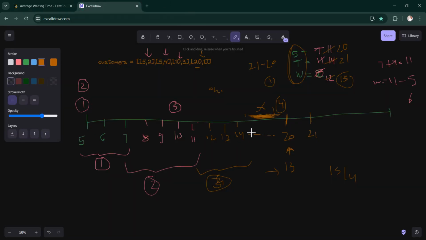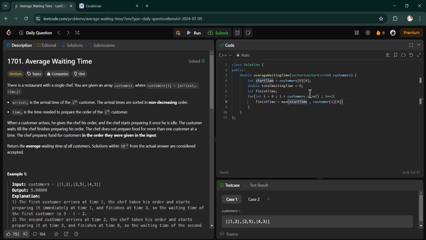Because we know that our finish time in this case was 14, but from 14 to 20 it was idle. The new start time would be 20, because at 20 unit time a new customer has arrived. So that is why we are taking the max of start time or the time at which the customer arrives.